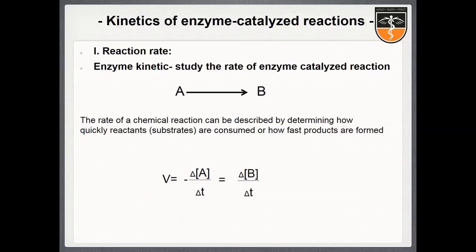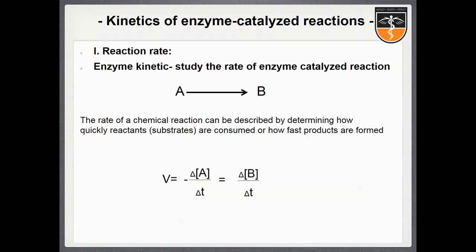Now, if you take a general reaction, substrate A converted to B, it can be characterized by this formula. The rate of the reaction can be determined by the loss of the substrate over time or the occurrence of the product over time.